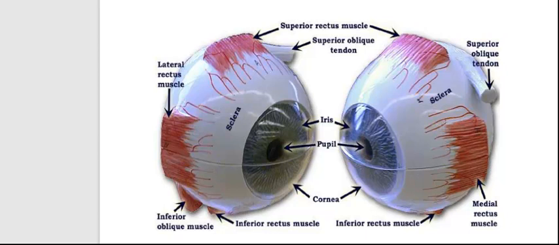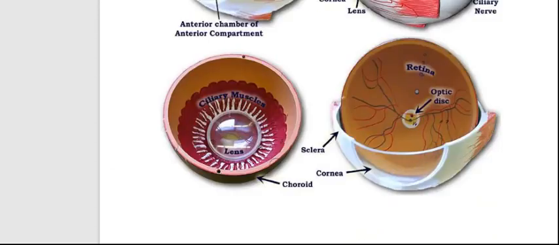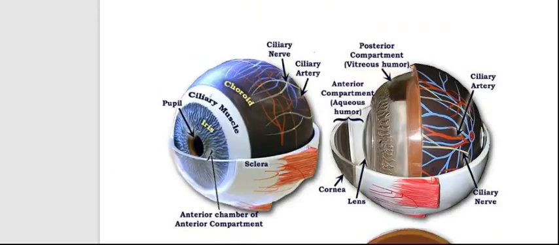If you look at this next picture, see if we can get that next picture in there. All right, here we have another shot of the eye, and what we've done is we've cut through the white of the eye. We've cut through the sclera, and underneath it is another membrane called the choroid. The best thing I can do to help you put that in your mind is to think about an egg.